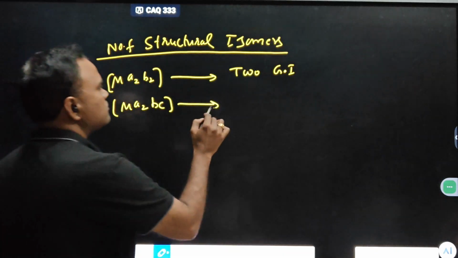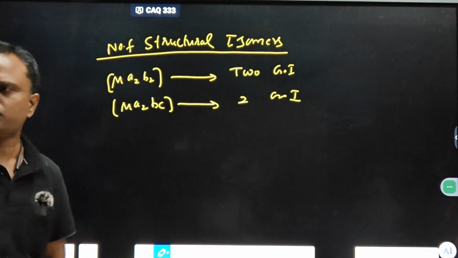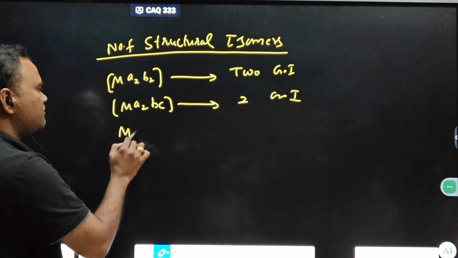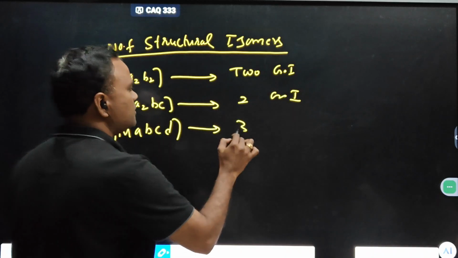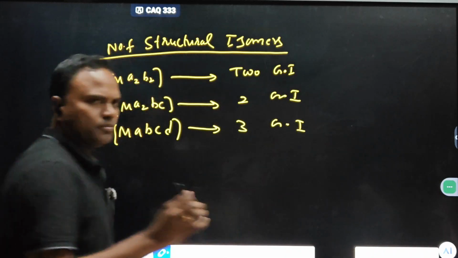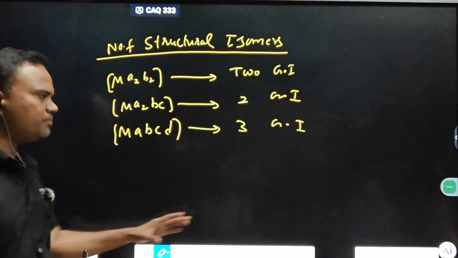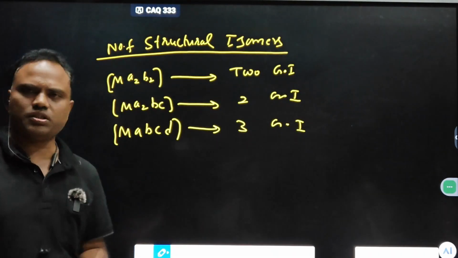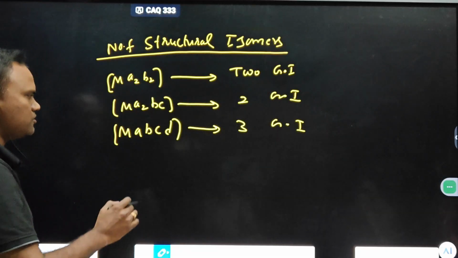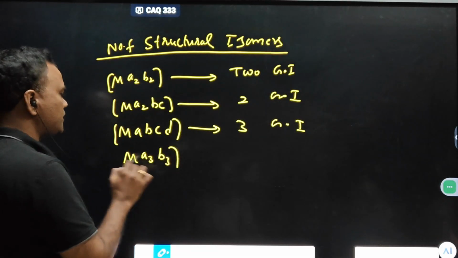Ma2BC category also, note down, how many? Two geometrical isomers. Very important: MABCD, three geometrical isomers. If you remember these formats, NEET level mostly questions will come from this only. Okay, Ma3B3, can you guess?